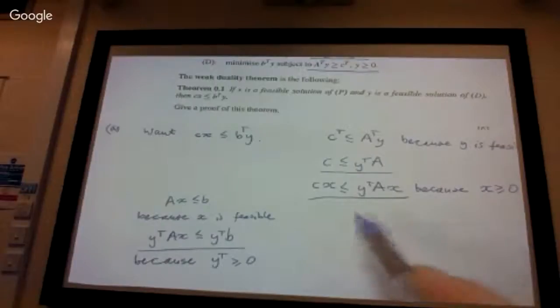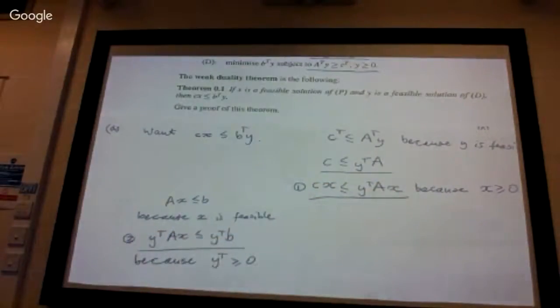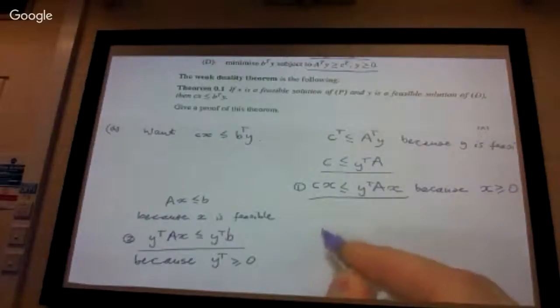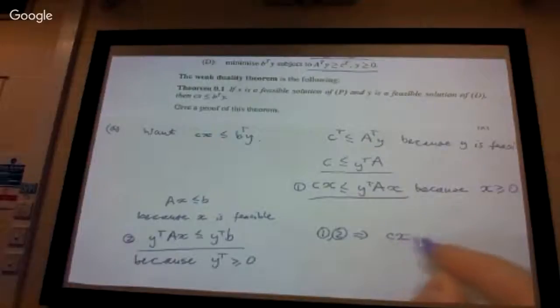Okay, so now if you take this first one we got and the second one we got, they imply that Cx is less than or equal to y transpose b.